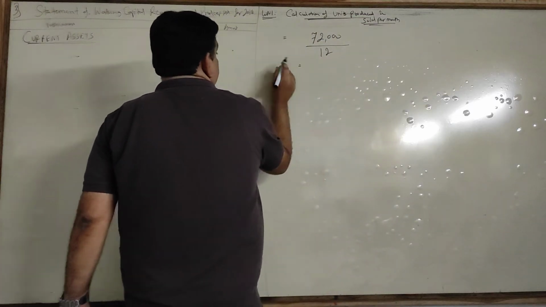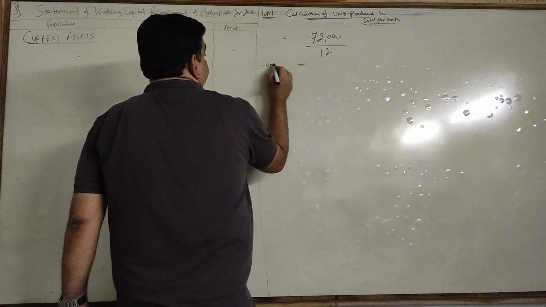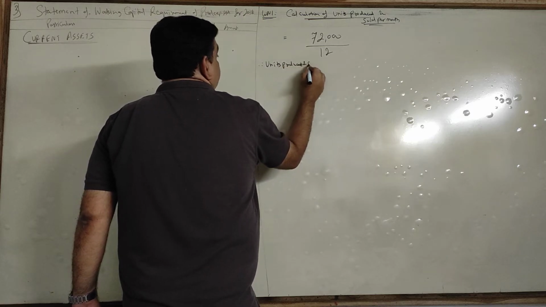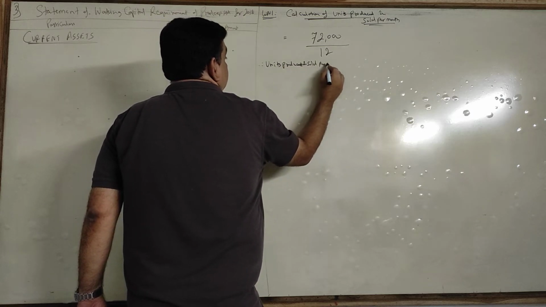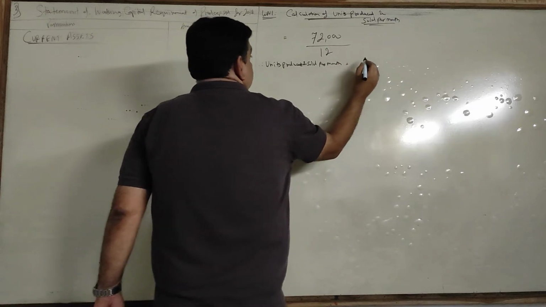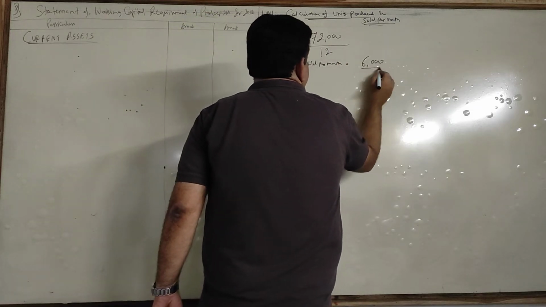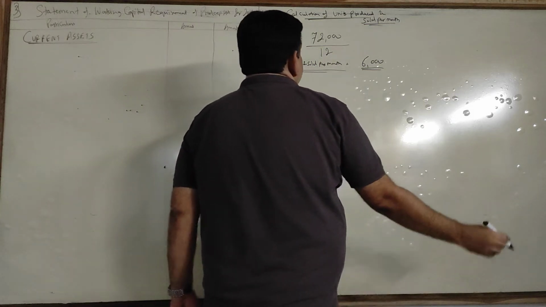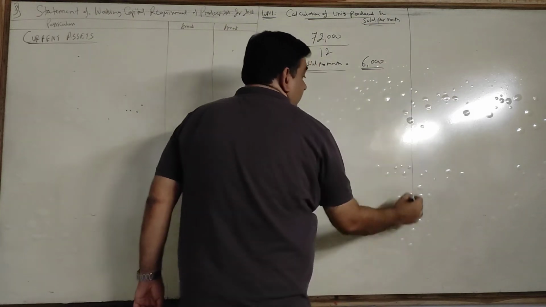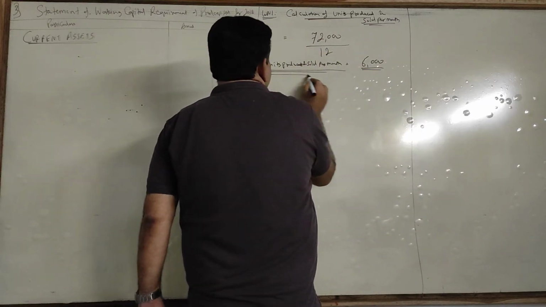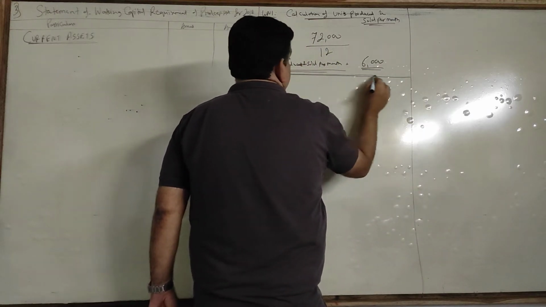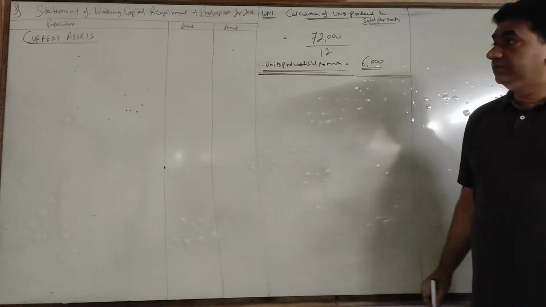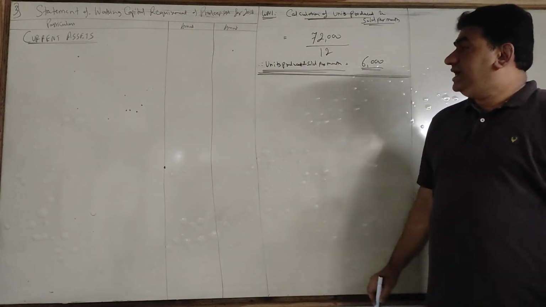Therefore, your units produced and sold per month will be 6,000.